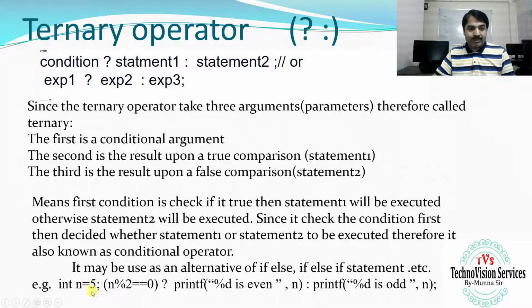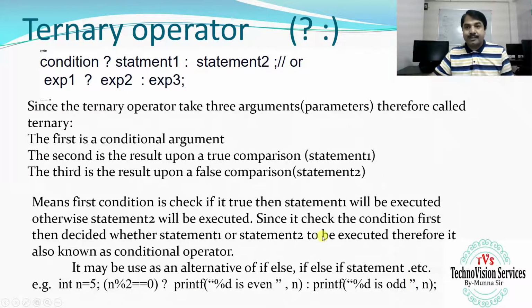Since we have taken n equal to 5, 5 mod 2 is not equal to 0, means it produces the output false, means 0 will be produced. So instead of the first printf statement, the second printf statement will be displayed. So it will say 5 is odd number.